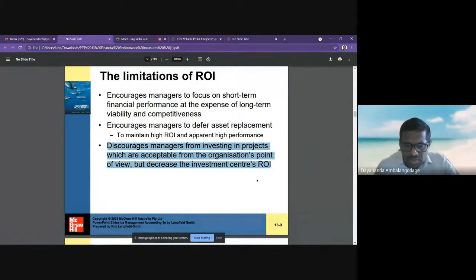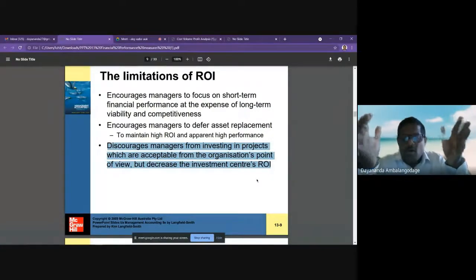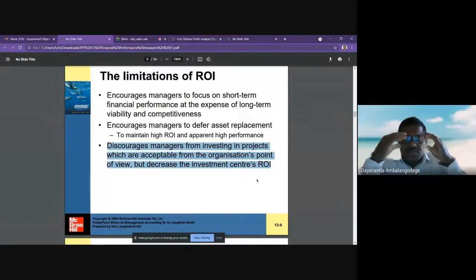What is goal congruence? Goal congruence means when there are many businesses in your organization, many CEOs under one umbrella, all divisions, all the companies which come under the group, all the businesses should direct to one direction. That's called goal congruence.